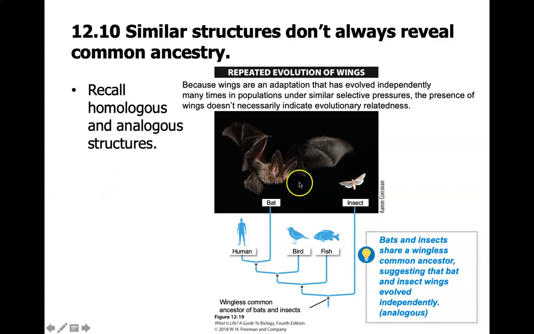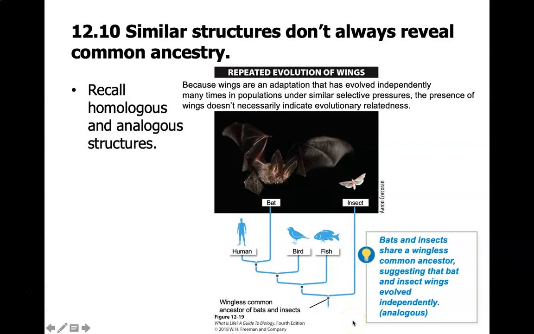So if we are looking at a bat and an insect, at first glance we might say, oh, they must be closely related because they have wings. But when you start looking at other features of common ancestors, you realize that bats have more things in common with humans, who are also mammals, than they do with insects. Now that would suggest that this trait of wings evolved separately in the bat and the insect line.